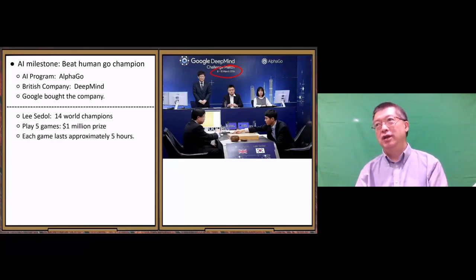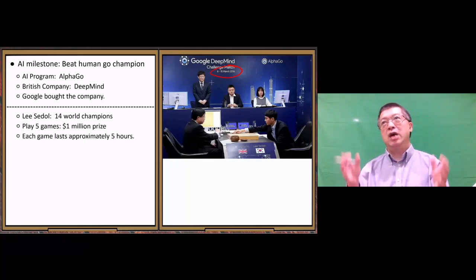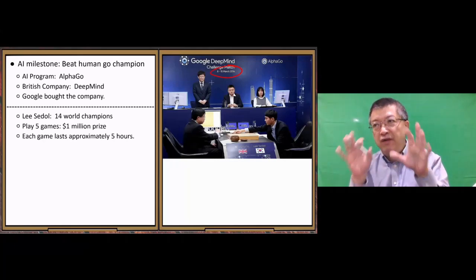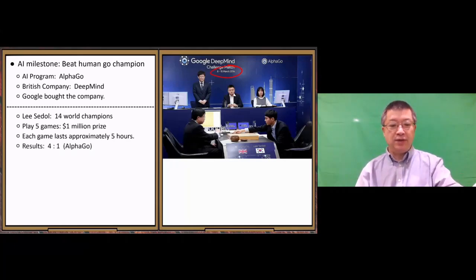So the time difference: they play at noon, but it's our midnight. But it was so important to me that I still followed all 25 hours. The result was 4-1, AlphaGo the winner.